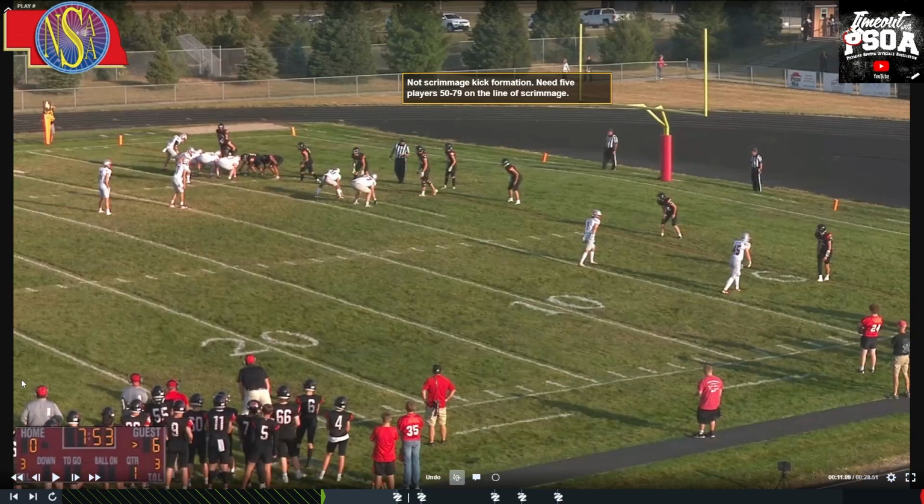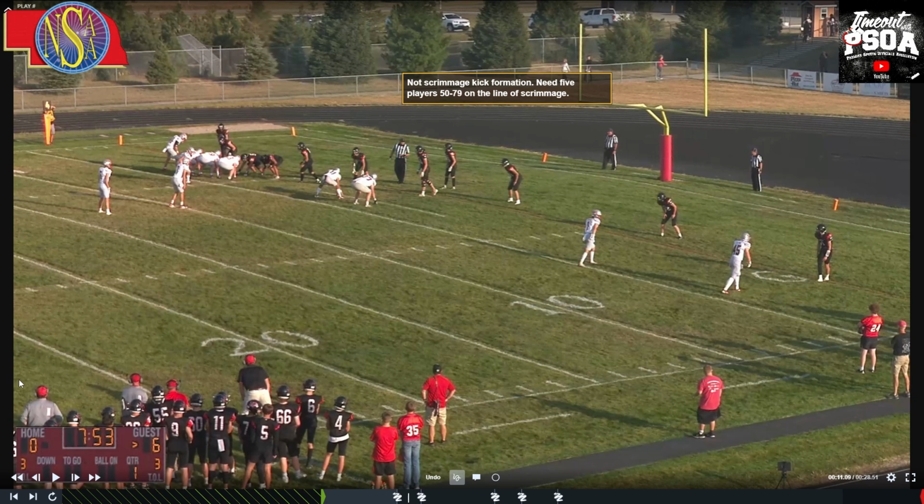A convoluted rule is the numbering exception during a scrimmage kick formation. So first, let's point out this is not a legal scrimmage kick formation. We do not have a holder down on their knee 7 yards behind.